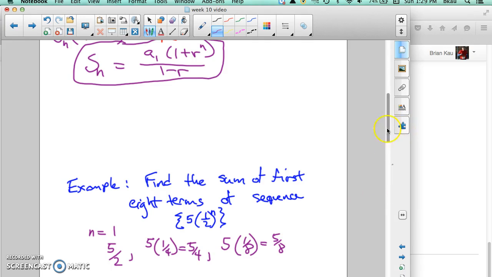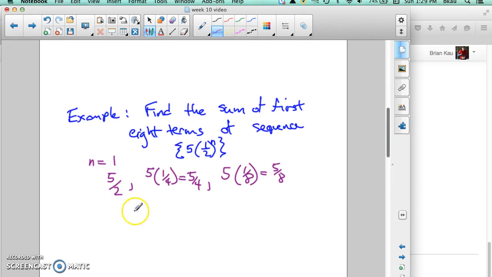Okay, and we can check to see if this is a geometric one. We do 5/4 divided by 5 halves, and we get 5/4 times 2/5, and we're going to get 1/2 here.